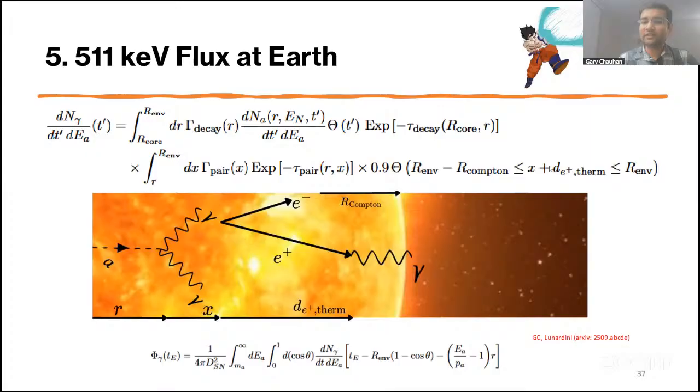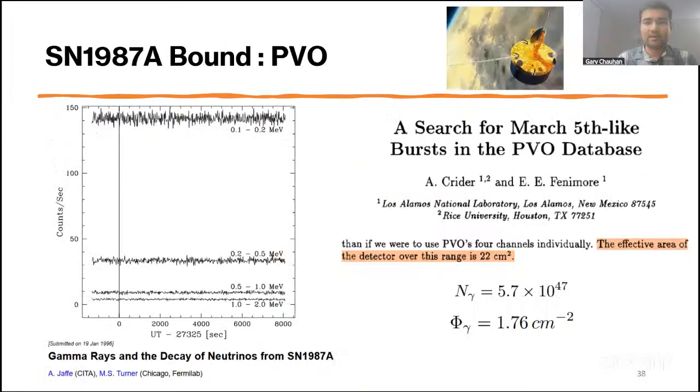And this box function over here takes care of the fact that you only take into account the 511 keV line if it's produced within that Compton transparent region. So that is the full physics of this integral. Once you integrate this, taking the angular sizes into account, you can calculate the light curve for this case.